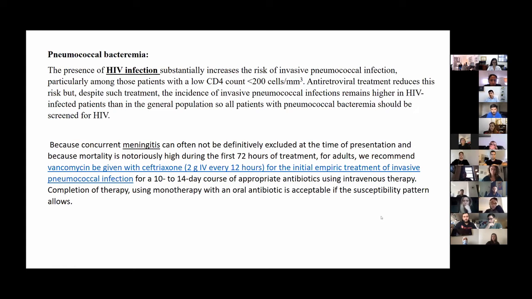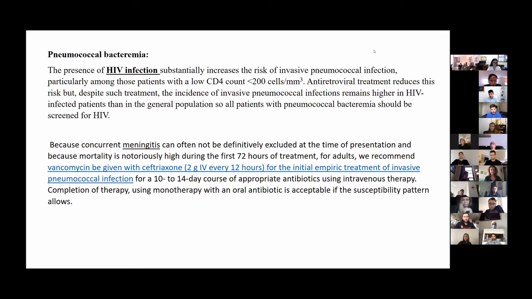So anybody who comes in with pneumococcal bacteremia should be evaluated to see if they have it. I mean, we've got our usual risk factors, alcohol, debility, et cetera, but HIV is also strongly associated with pneumococcal invasive infections. And actually all HIV patients should be vaccinated.